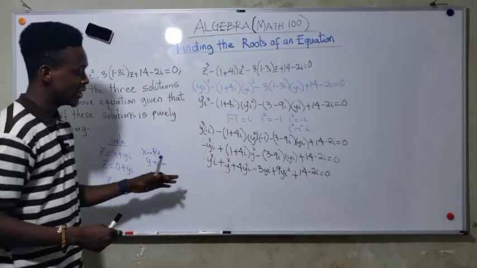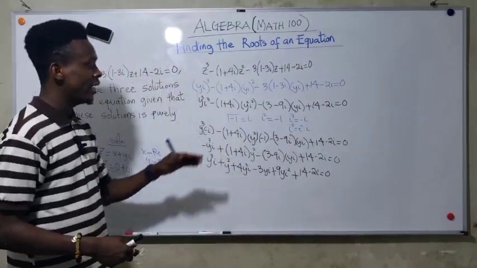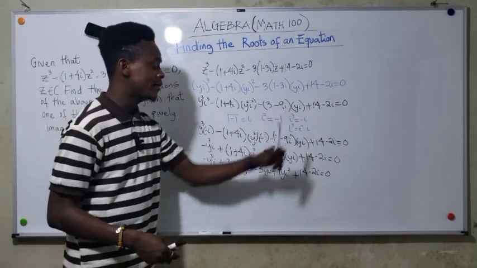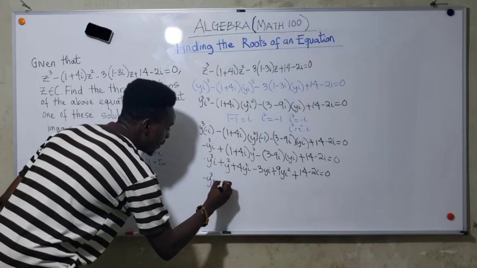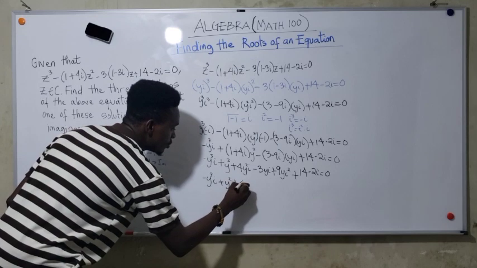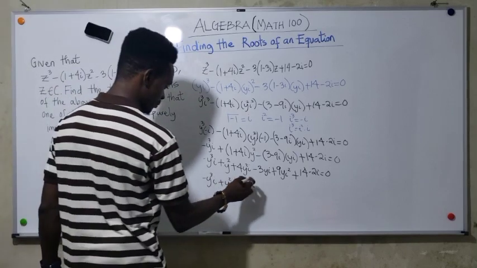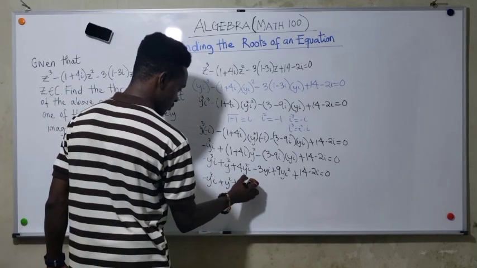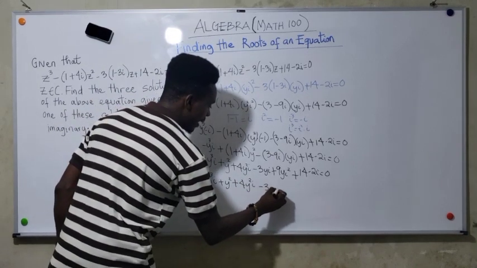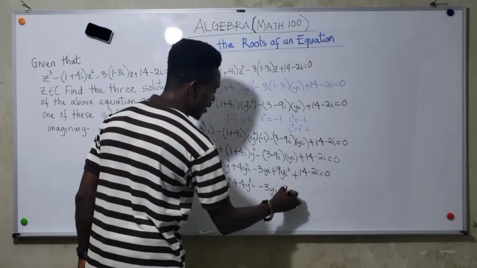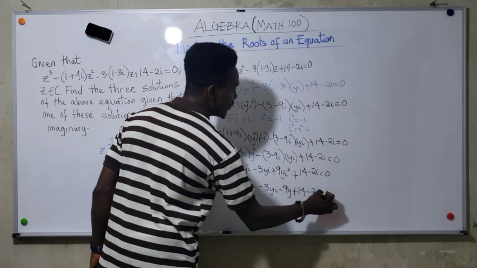We can reduce i squared and i cubed based on our condition where i squared is minus 1 and i cubed is minus i. So we simplify: minus y cubed i plus y squared plus 4y squared i minus 3yi, and i squared is minus 1, so we have minus 9y, plus 14 minus 2i is equal to 0.